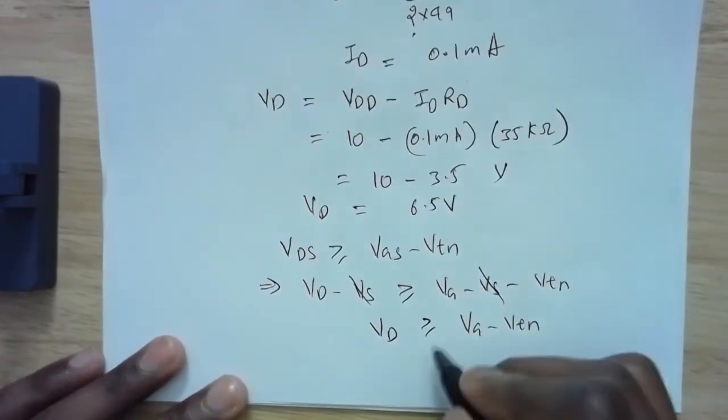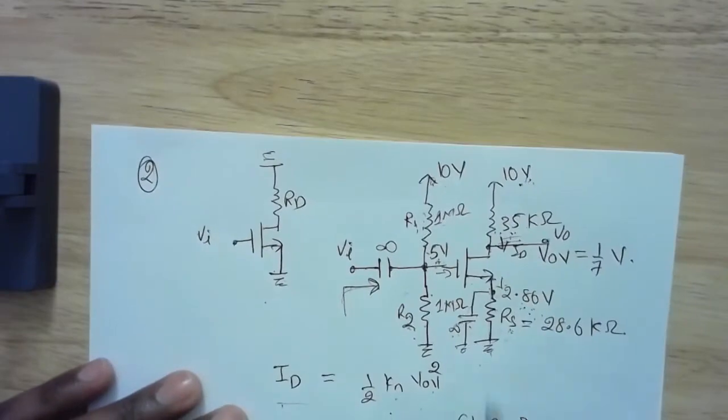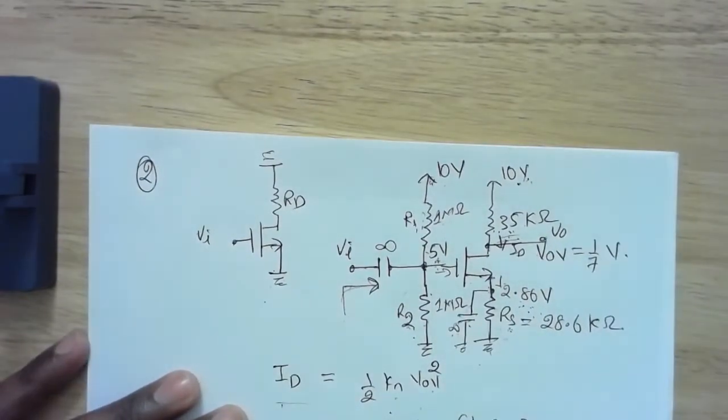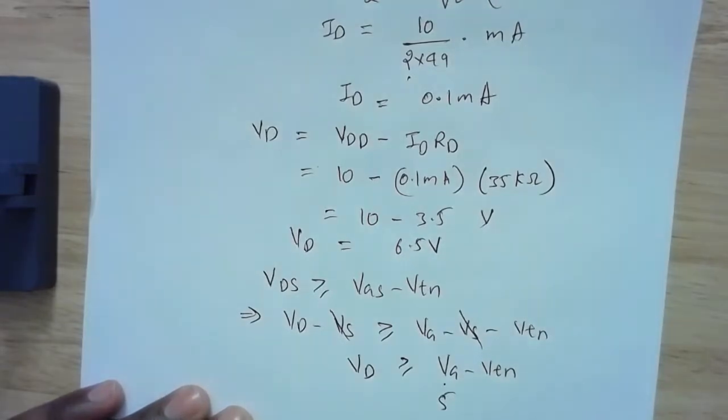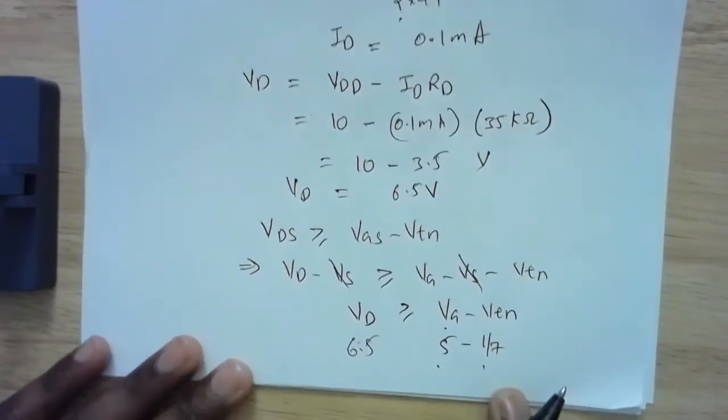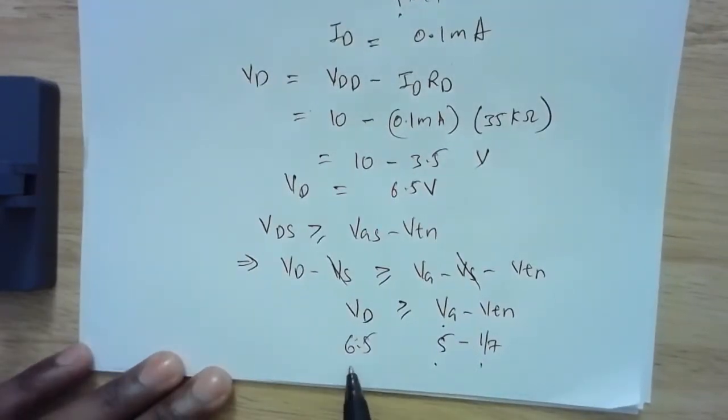My VG is 5 volts, VTN is 1.7, and VD is 6.5. So 5 minus 1.7 is obviously less than 6.5, so VD is definitely greater than VG minus VTN.